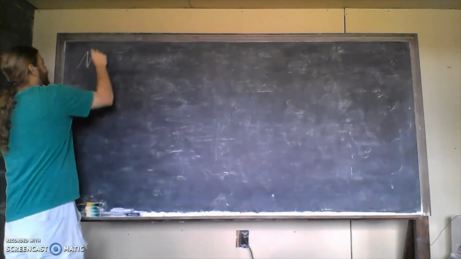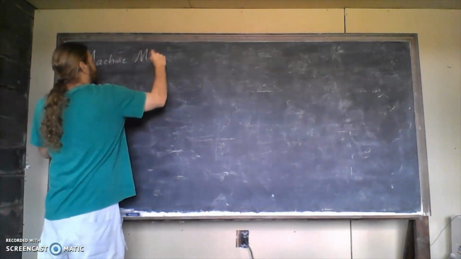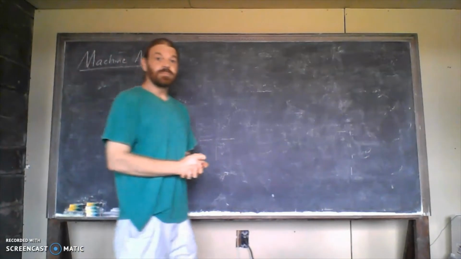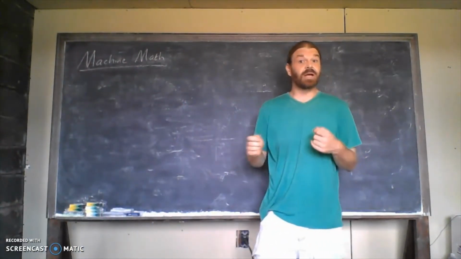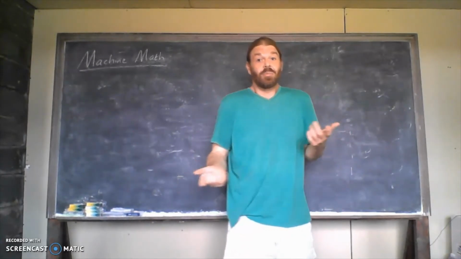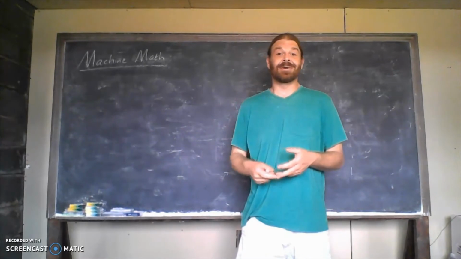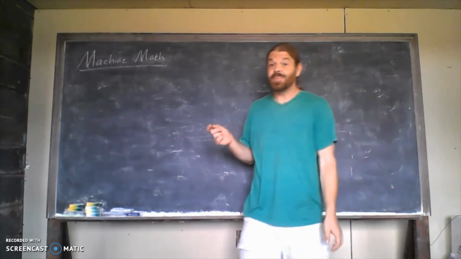Machine math. I'll put that after the label. This playlist kind of started off with what a logic gate was. That's our main component for controlling whether we have a 1 or a 0, whether our 1 or a 0 input becomes a 1 or a 0 output.